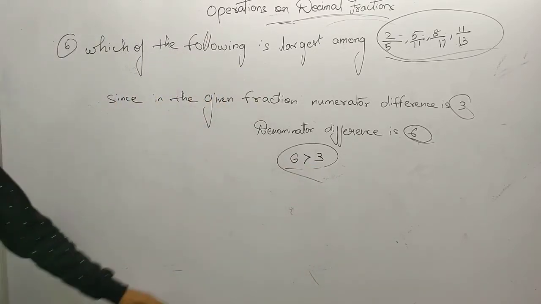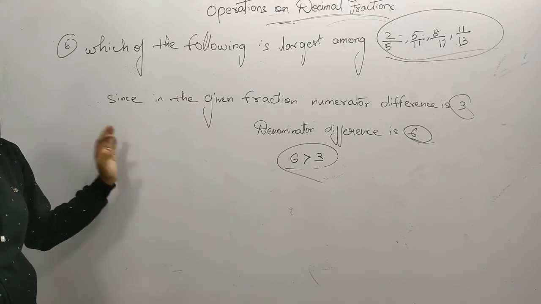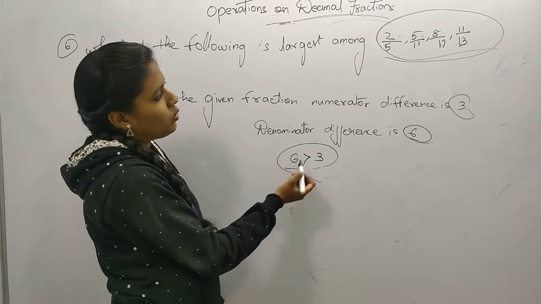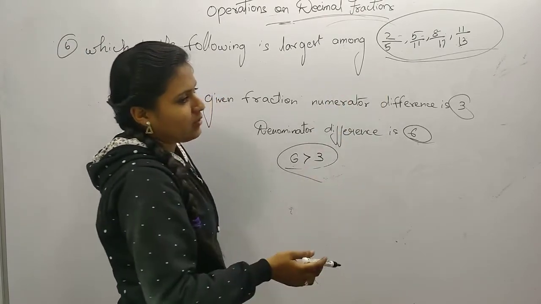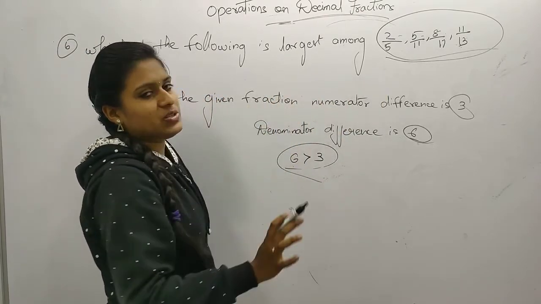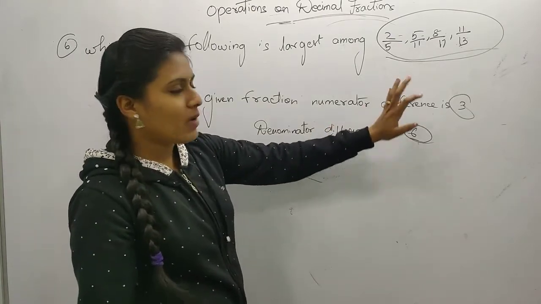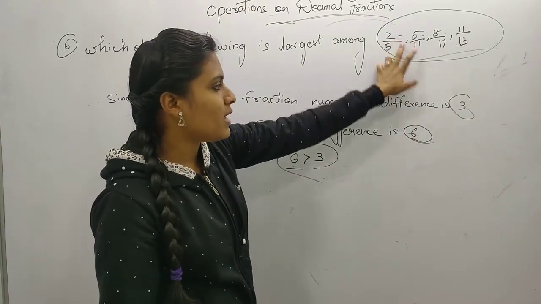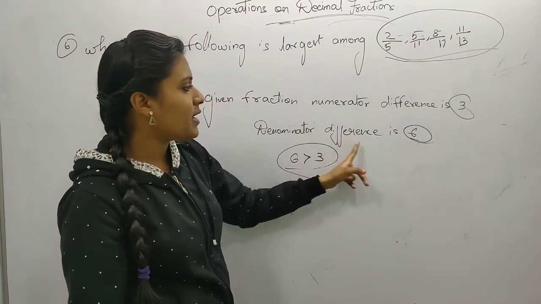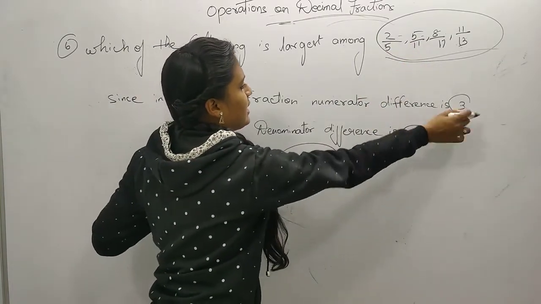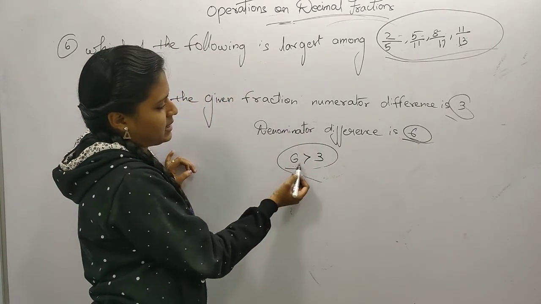So the fraction with the largest numerator will be the largest fraction. Once again, observe: the numerator difference is 3 and the denominator difference is 6, so the denominator difference is greater than the numerator difference.